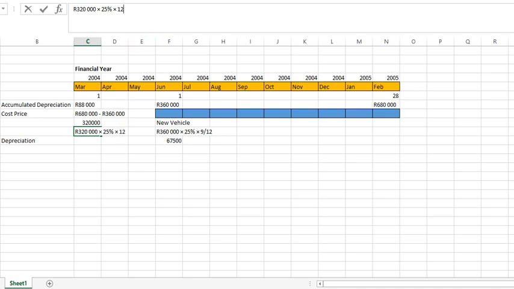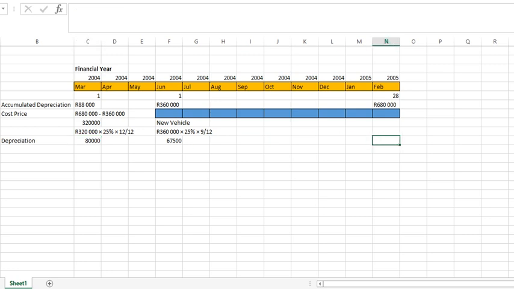So we held it for 12 out of 12 months. And if you do this calculation, then our depreciation on these older vehicles is going to be 80,000 Rand.